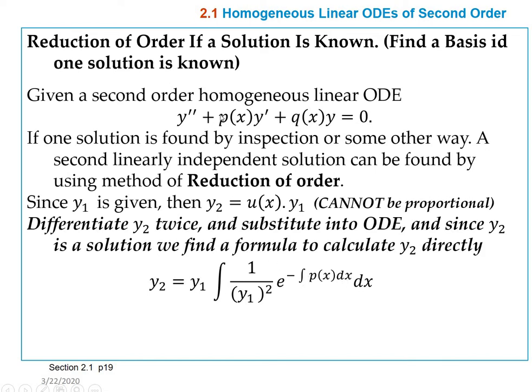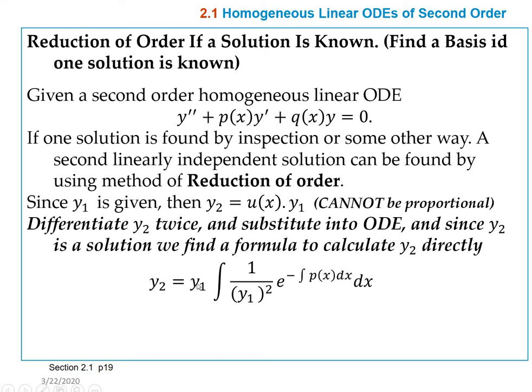So basically, you need to find p of x, which is the coefficient of y prime, plug it in, find the integration, don't forget this negative, take the exponential of that term, divide by y1 squared, simplify all this expression, integrate it, and multiply by y1. You will be able to find y2.